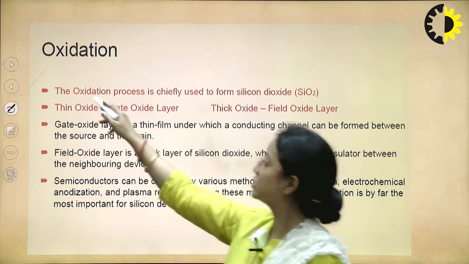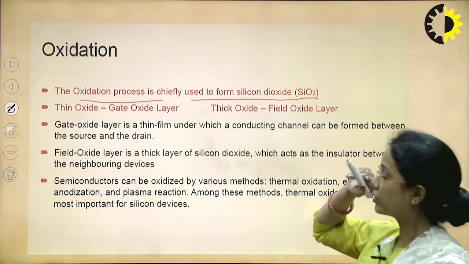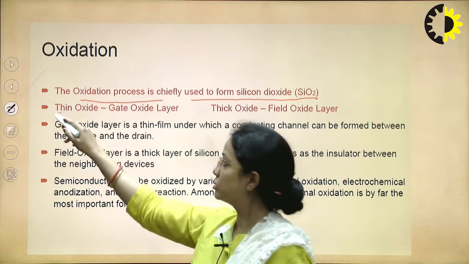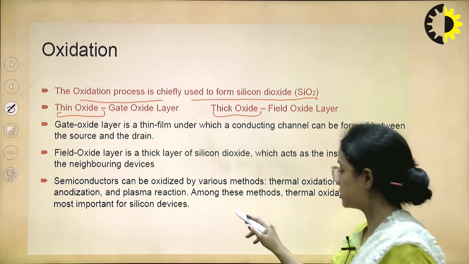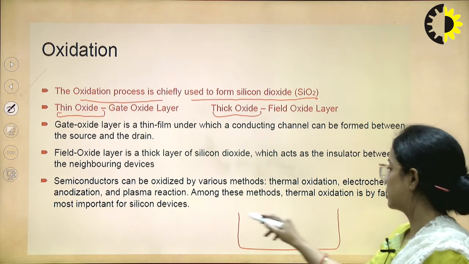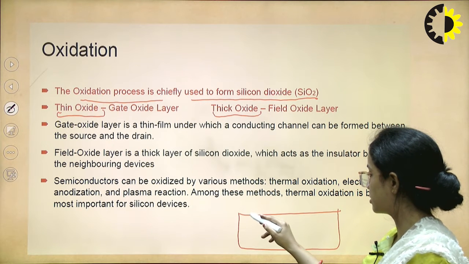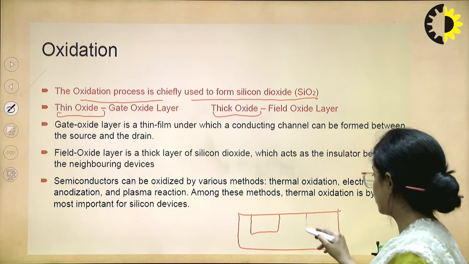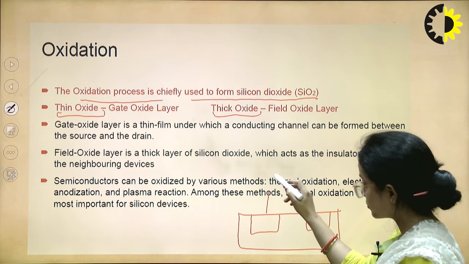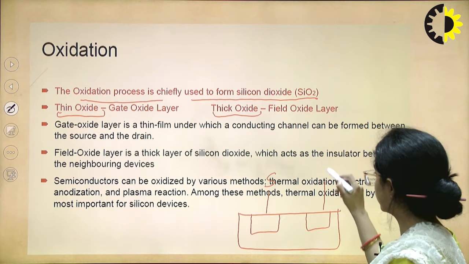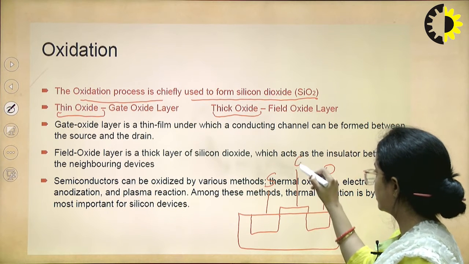Next, the oxidation process is chiefly used to form silicon dioxide. There can be two types, thin oxide and thick oxide. Let us consider a wafer, and here let us consider that we have two wells. Of course, one of them will be a source terminal, another will be a drain terminal, and the remaining portion will act as a gate.